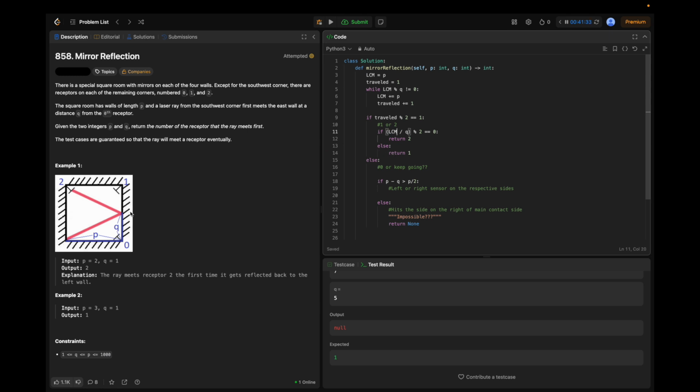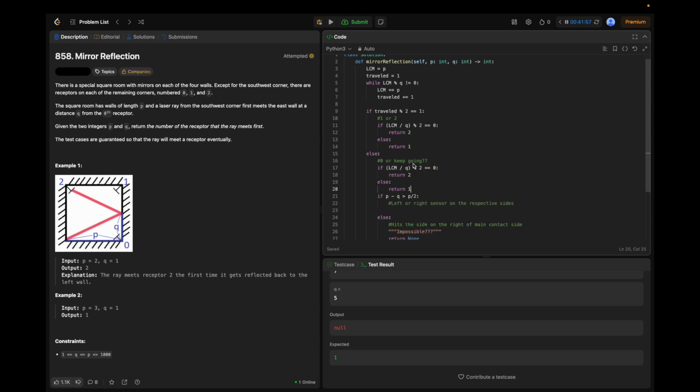So basically, how many bounces does it take to get to the LCM? If it's an even number, right, 1, 2, it's gonna hit 2. If it's an odd number, 1, 2, 3, it's gonna hit 1. Now, same thing. LCM divided by Q mod 2 equal to 0.